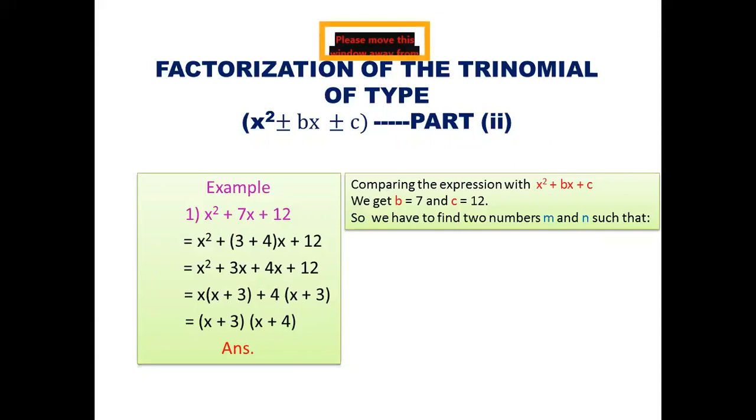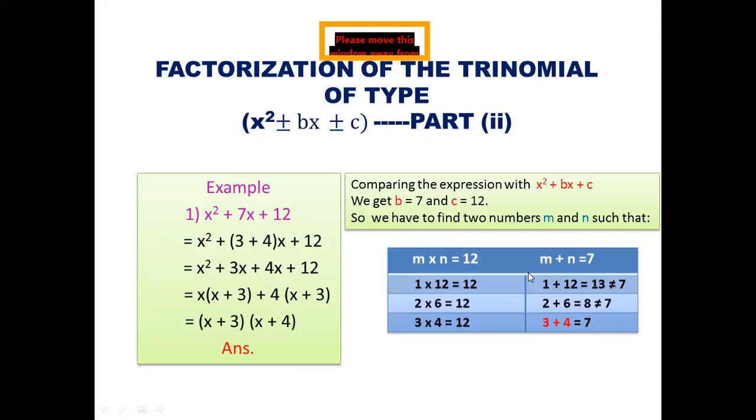And in this box we have shown that one. This box is not compulsory to show in factorizing this type of question, but these boxes will be used, the method will be used to factorize this type of trinomials.